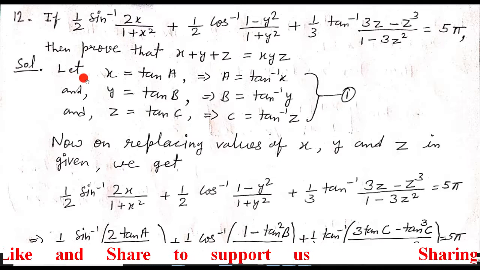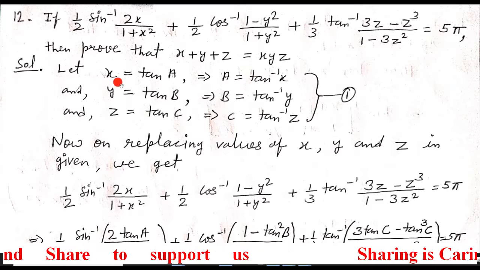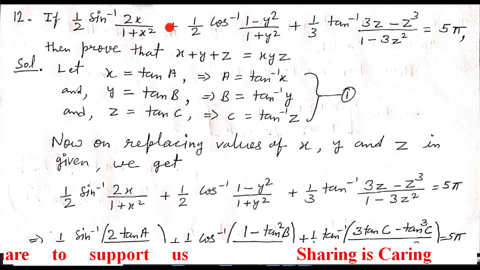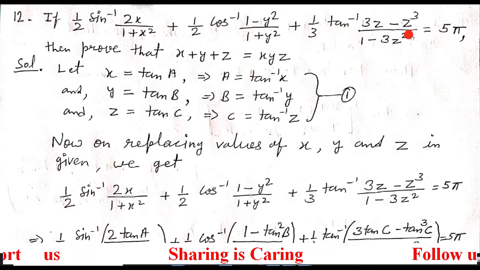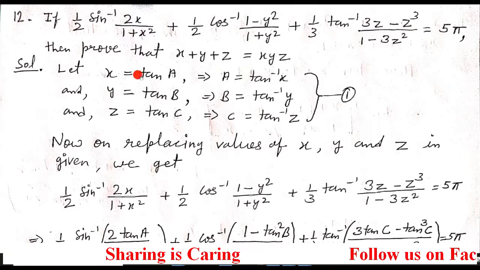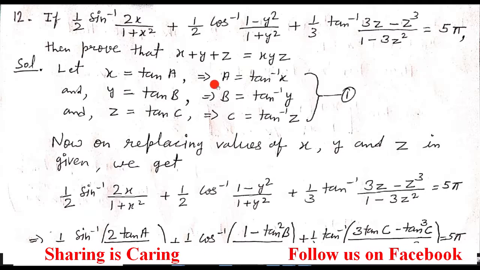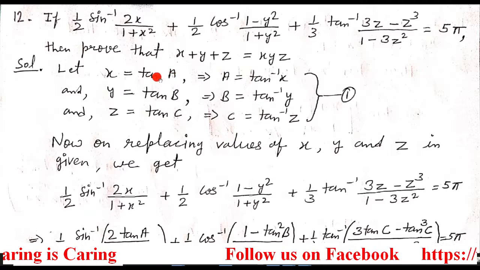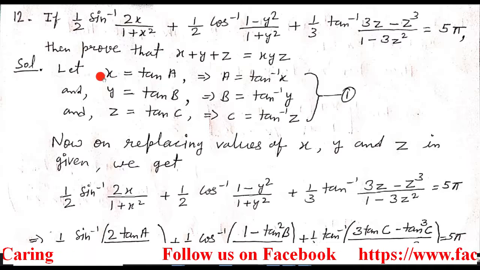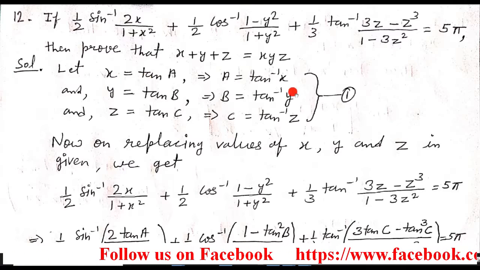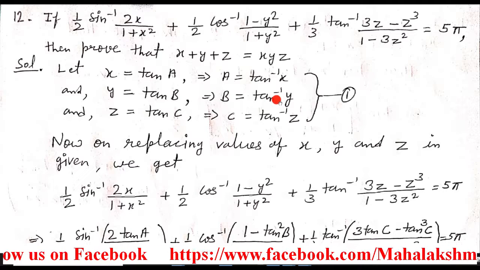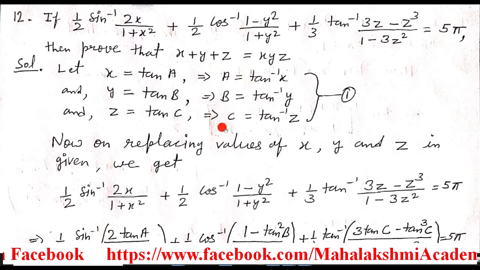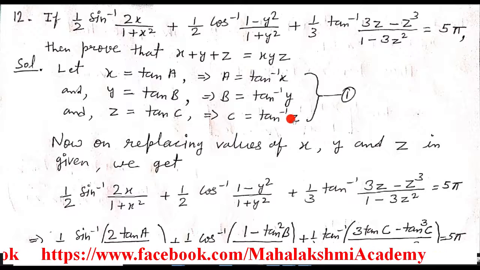For substitution we'll assume x is equal to tan a, y is equal to tan b and z is equal to tan c. From these assumptions we get a is equal to tan inverse x, b is equal to tan inverse y, and c is equal to tan inverse z.